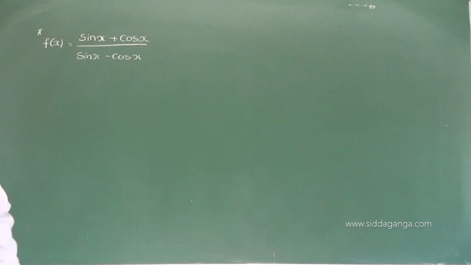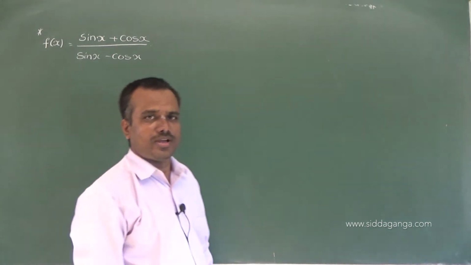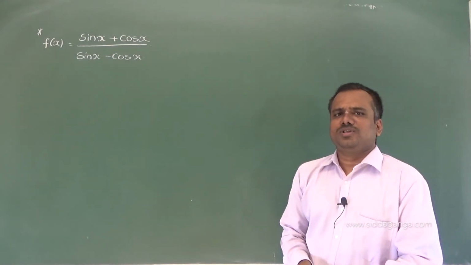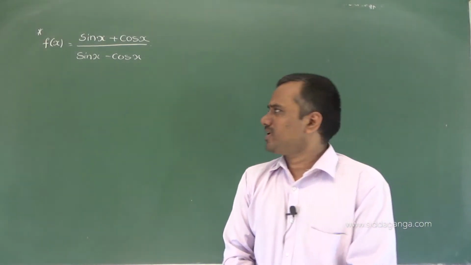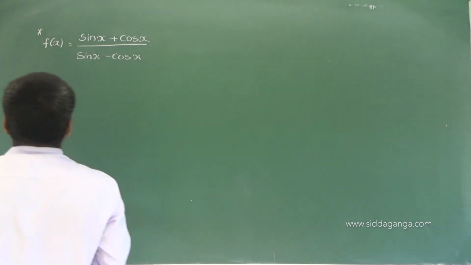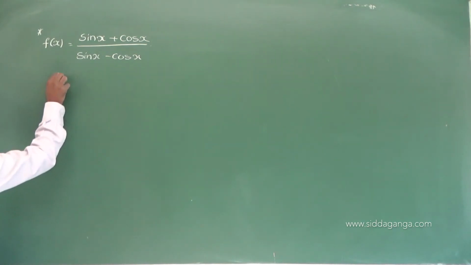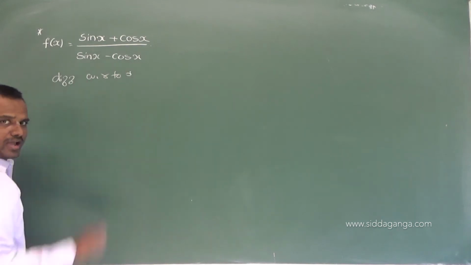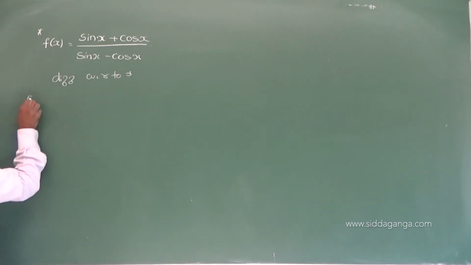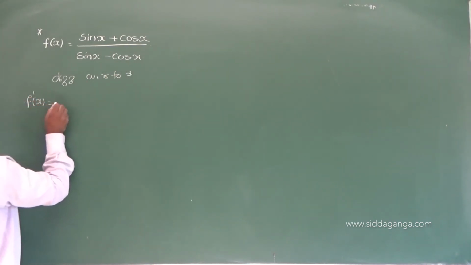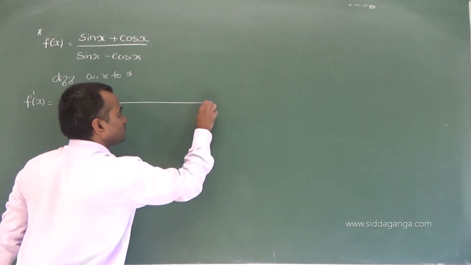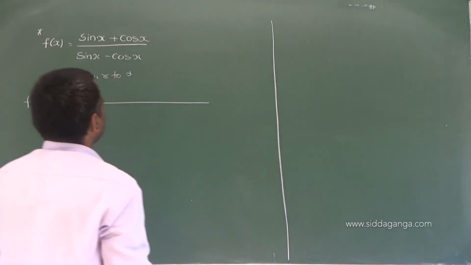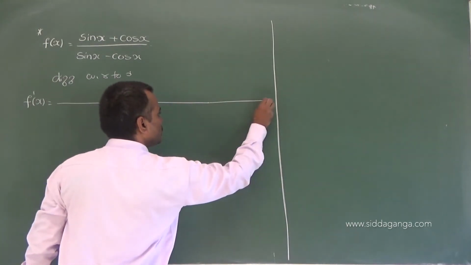Sin x plus cos x divided by sin x minus cos x. Okay. Differentiate with respect to x. d by dx of f of x is f dash of x. We apply the quotient rule.